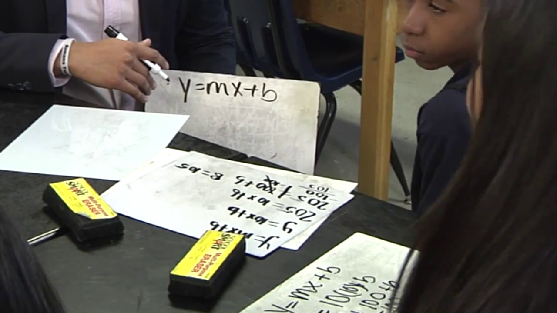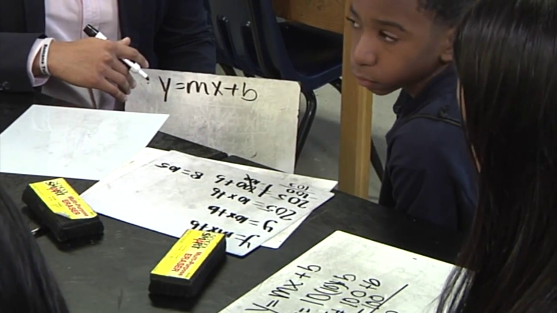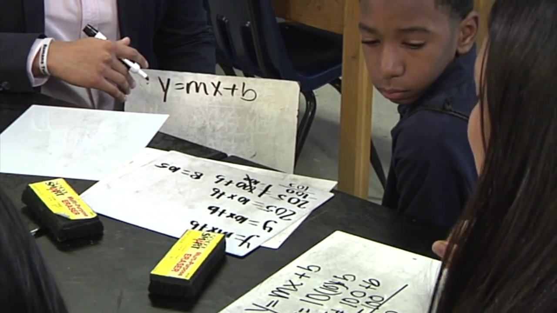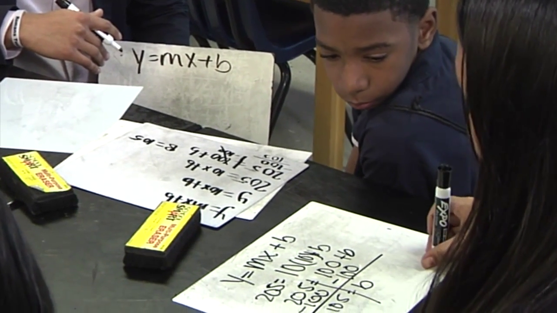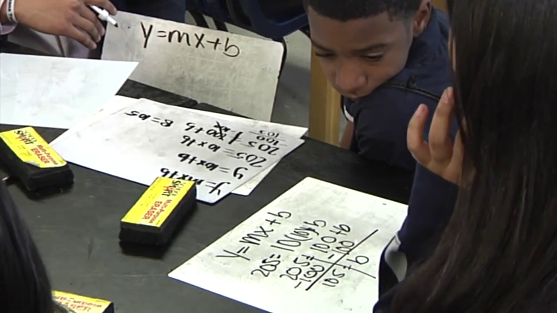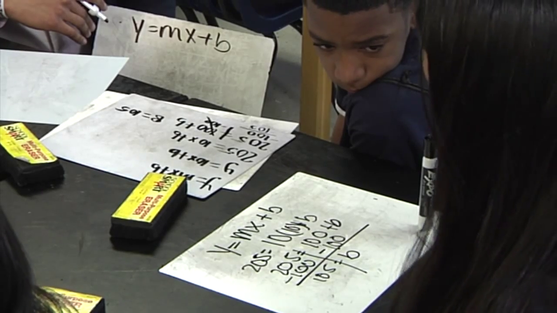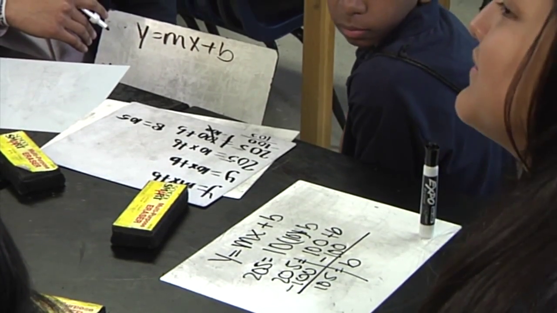And then we multiplied 10 times 10 and that equals 100. So our equation would be 205 equals 100 plus b. And to combine the like terms, we had to subtract 100 from both sides. And that equals 105 equals b. And that is what our initial value is.